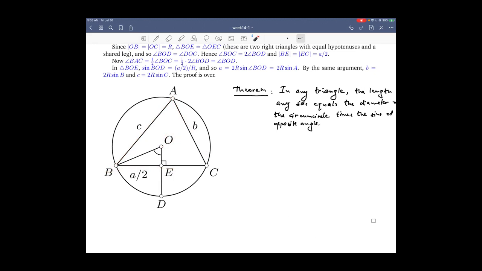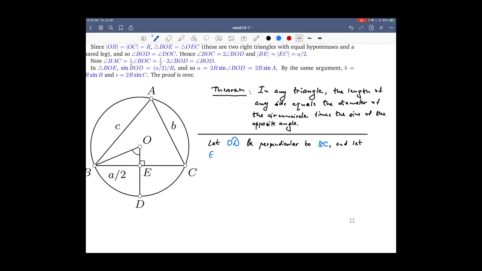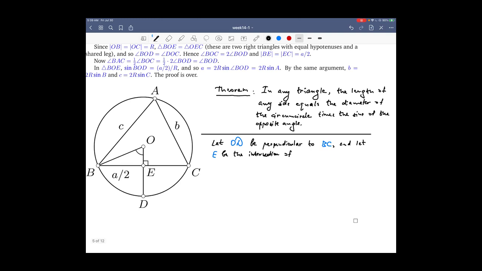O is the center of the circumcircle. Let OD be perpendicular to the side BC, and let E be the intersection of BC and OD.